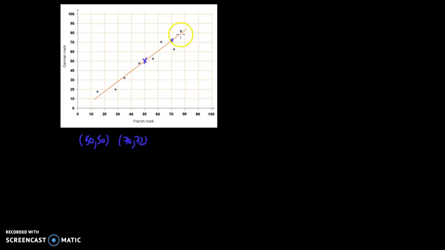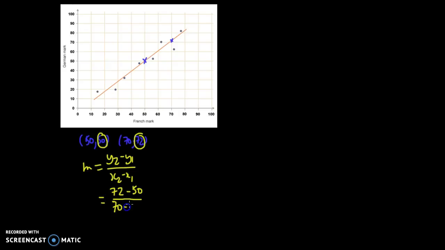So equation of a line, y equals mx plus c, or y minus b equals m(x minus a). In both those cases we need the gradient, so let's find the gradient. Hopefully you remember the formula for gradient, y2 minus y1 over x2 minus x1. So let's call this one y2, 72, this one y1, so subtract 50, and then x2 is 70, and x1 is 50.